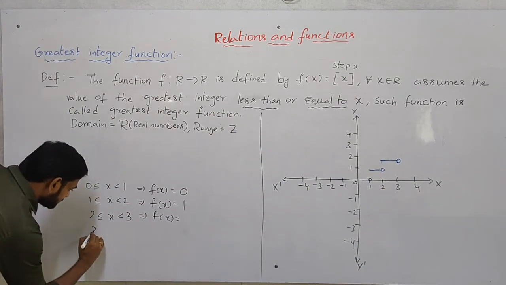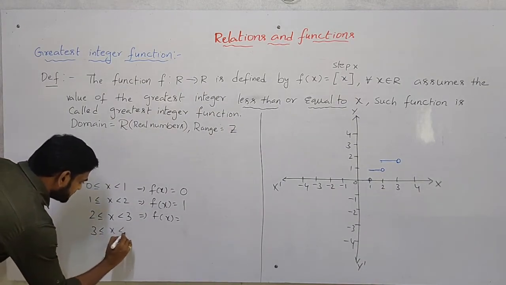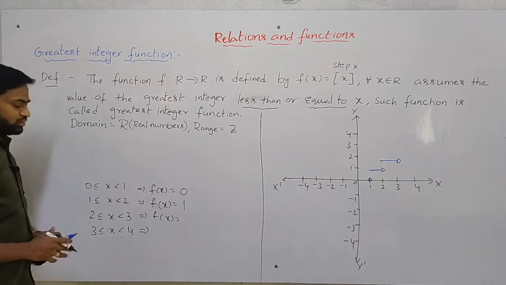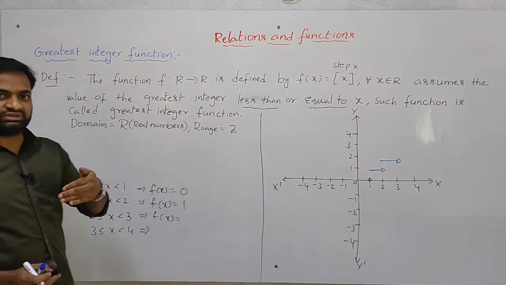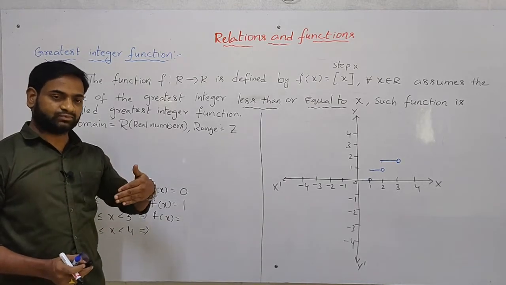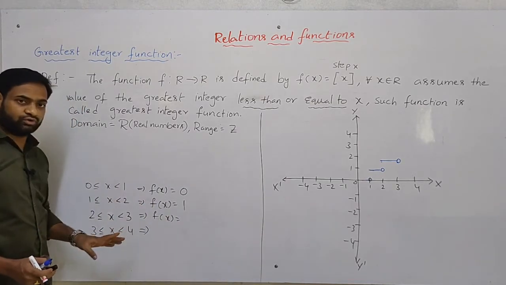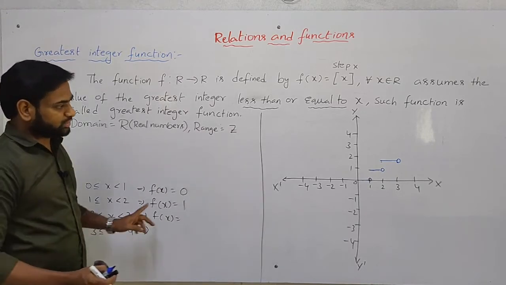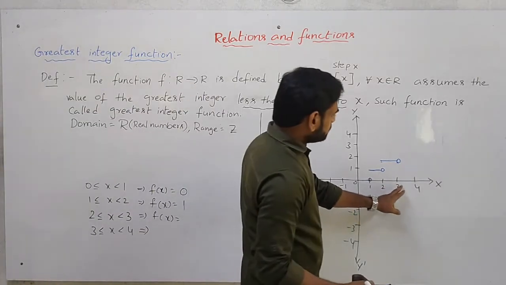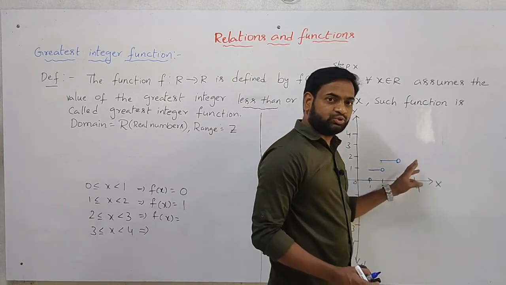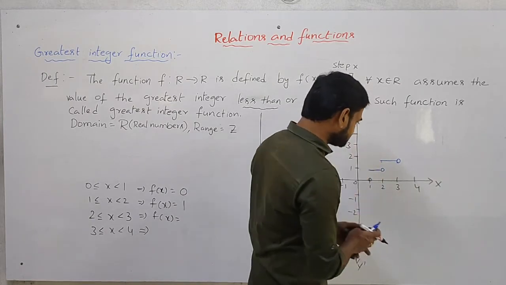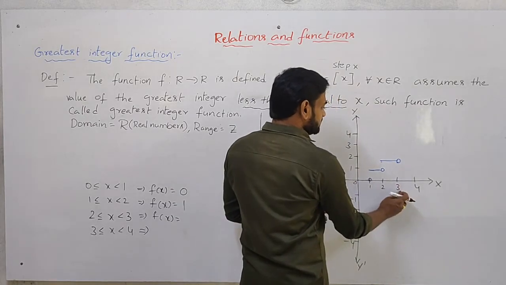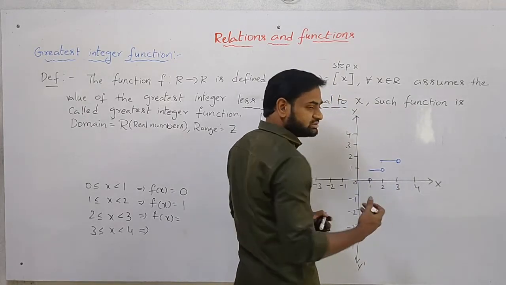Next, 3 less than or equal to x less than 4. So x values lie between 3 and 4. You can take 3, don't take 4. 3.1, 3.2, 3.3, 3.4, 3.5 and up to 3.9. So you take any value between 3 and 4. Between 3 and 4, the least value is 3.